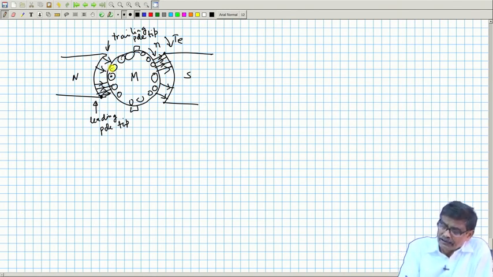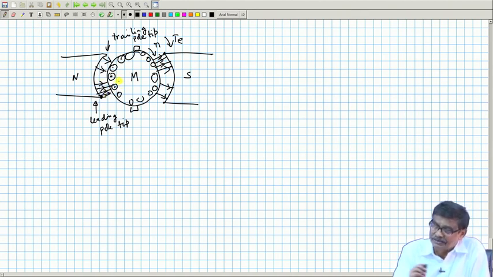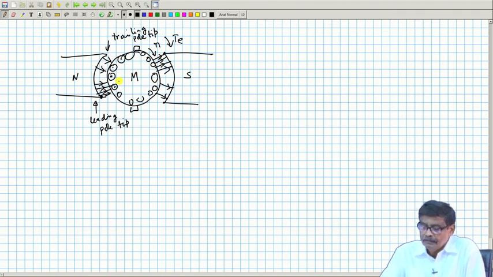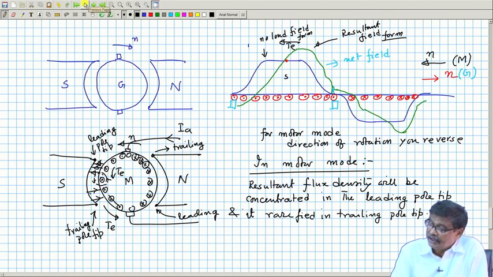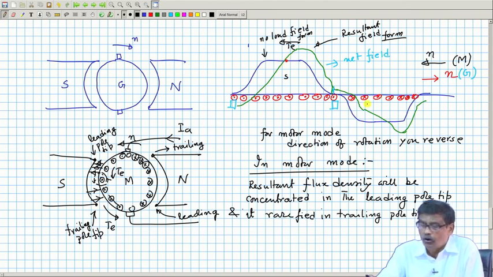In any case, one can always go to the fundamental to see where it will be concentrated, because in the north pole it is like this. Therefore, this diagram is handy. You draw for motor or generator mode correctly in the field form drawing, I am telling, draw it correctly. Then for the other, if you have drawn for motor, then for generator you show the reverse direction, and everything will be correct.